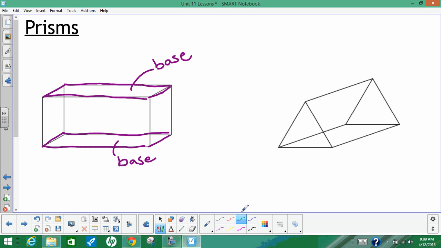Similarly, over here we have these bases that are triangles. And if we take these two triangles that are congruent and we give them some depth and connect them like this with these lines, we now have a triangular prism. And again, these triangles are the bases.